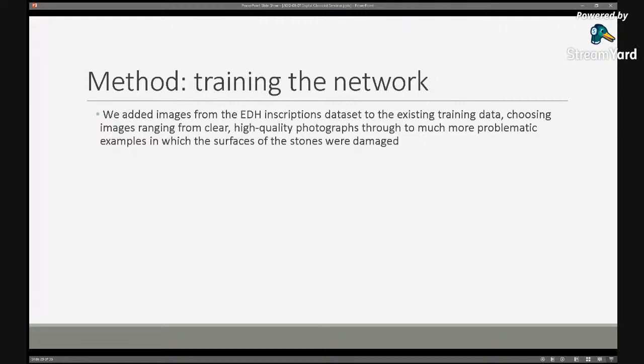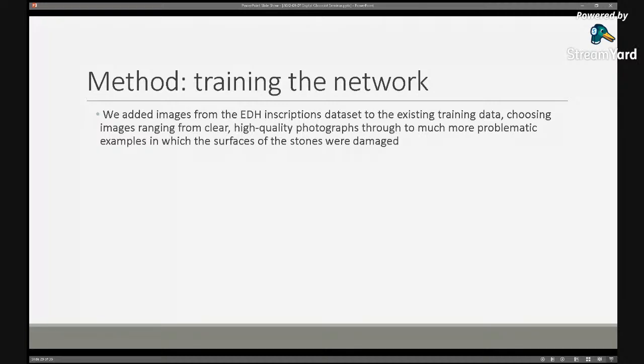In terms of training the network, the way we did that was to add images from the EDH database to the existing training data that EAST was trained on. And we gave it all sorts of things. We gave it everything from really clear, high-quality photos, right through to really problematic ones where it was really hard to read the inscription.